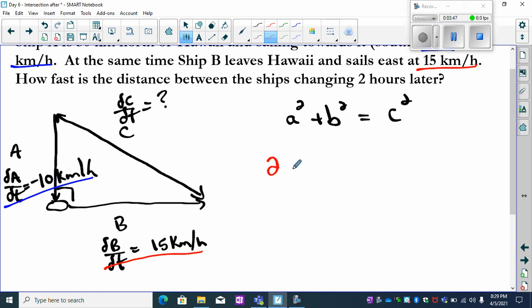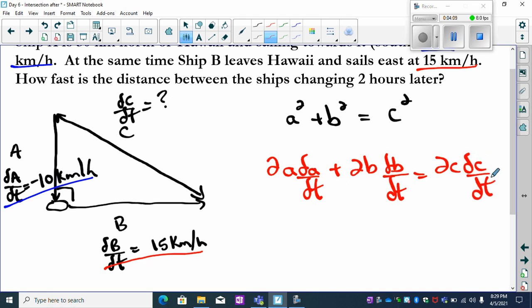So I'm going to do that. Two times C times dC over dt.